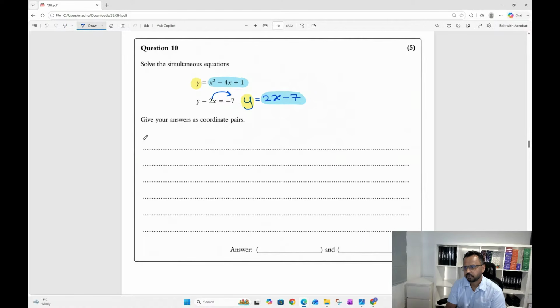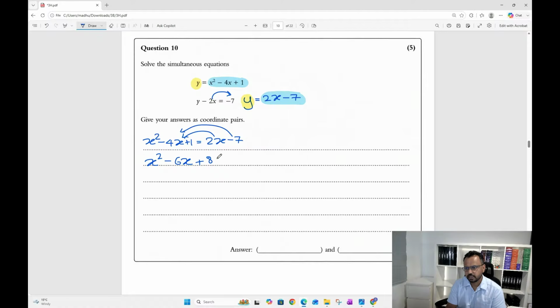So let's do that. x squared minus 4x plus 1 is equal to 2x minus 7. Obviously, move it to this side. So let's see what we get. x squared minus 4x, take away 2x is negative 6x. And negative 7 on this side comes to this side and becomes 7.